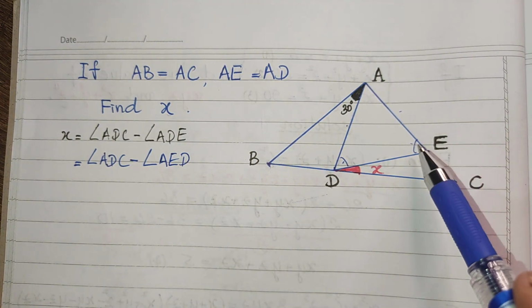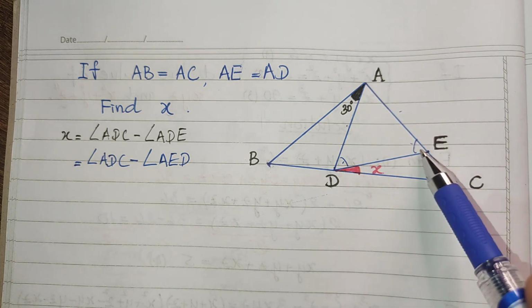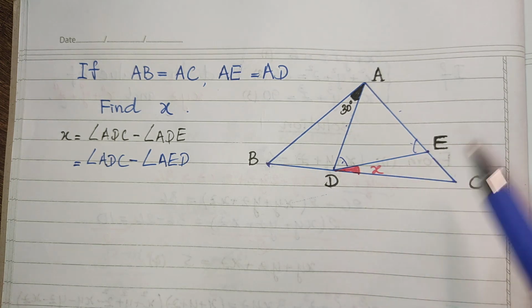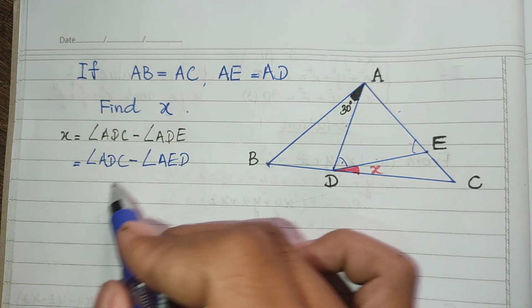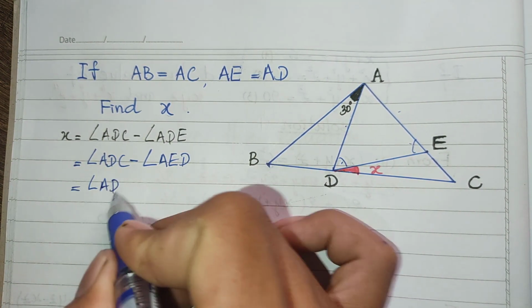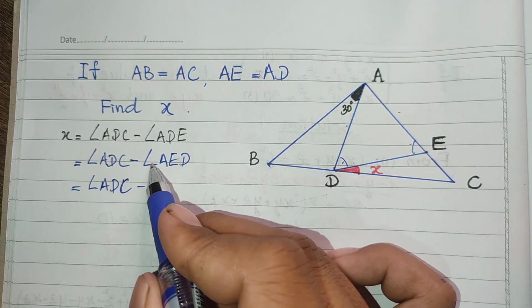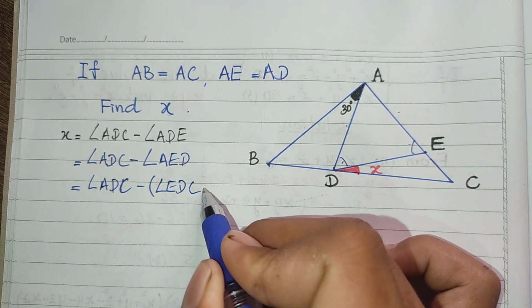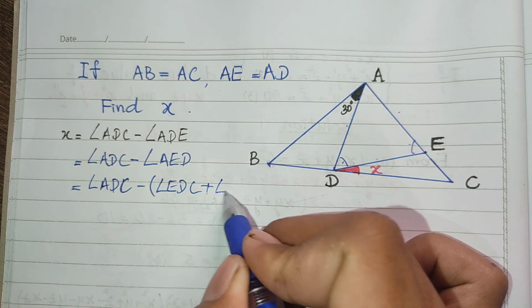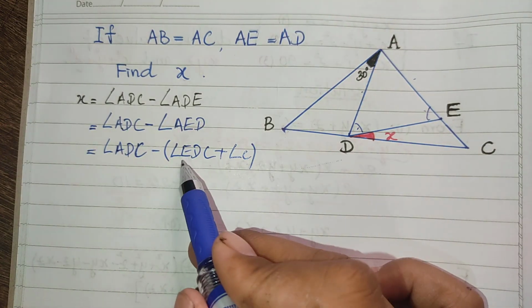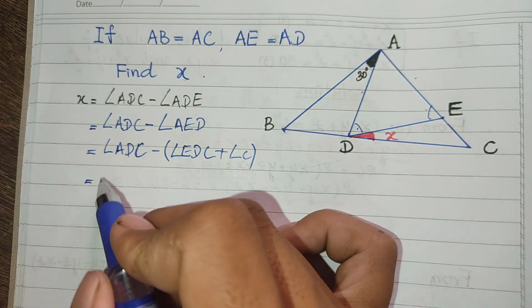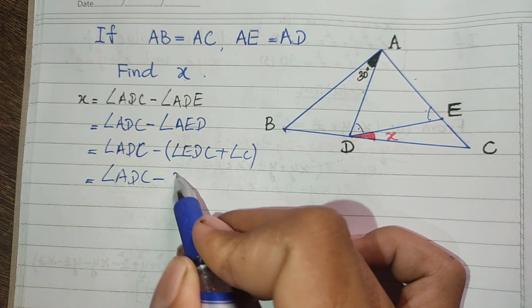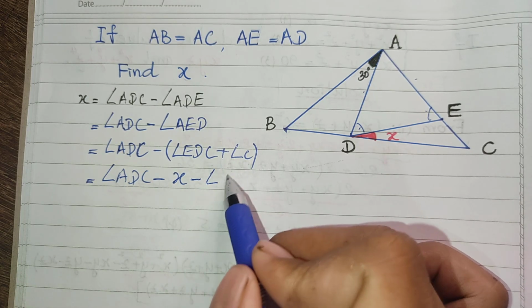But we know that angle AED is equal to this angle EDC plus angle C. So this is equal to angle ADC minus angle EDC minus angle C, and this EDC equals H, so it's equal to angle ADC minus this H minus this angle C.